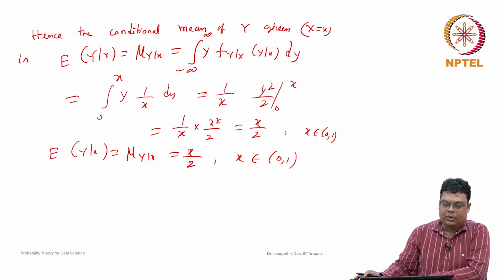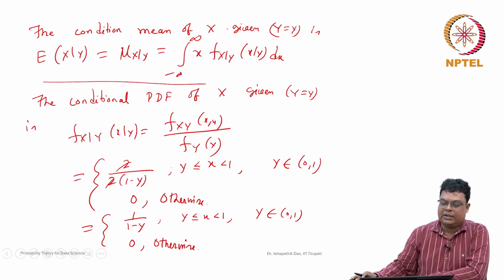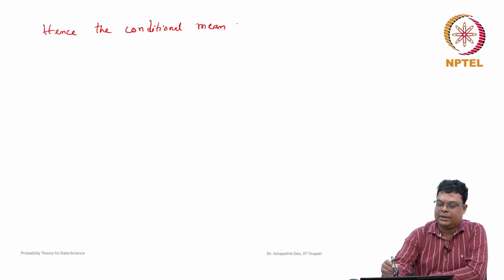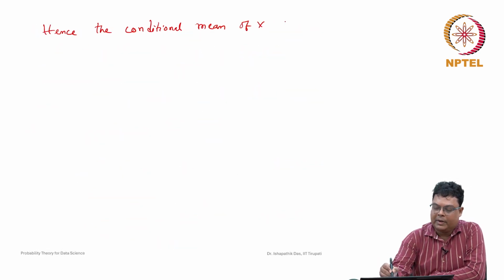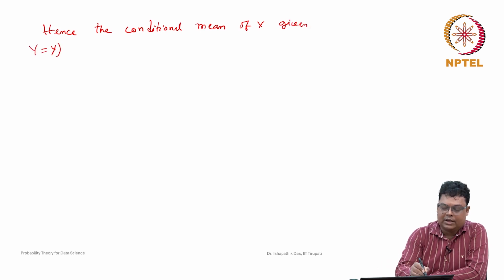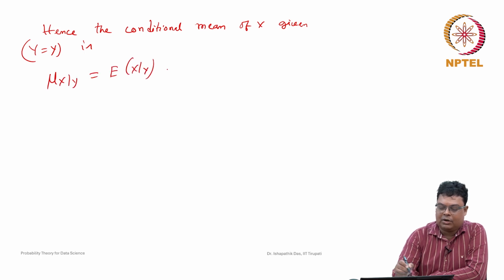So this conditional mean, expected value of x given y, hence the conditional mean of x given y is equal to y is mu of x given y, actually denoted by mu of x.